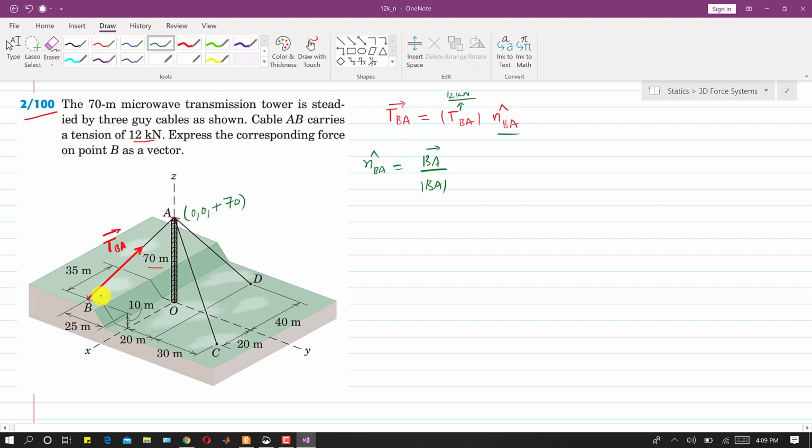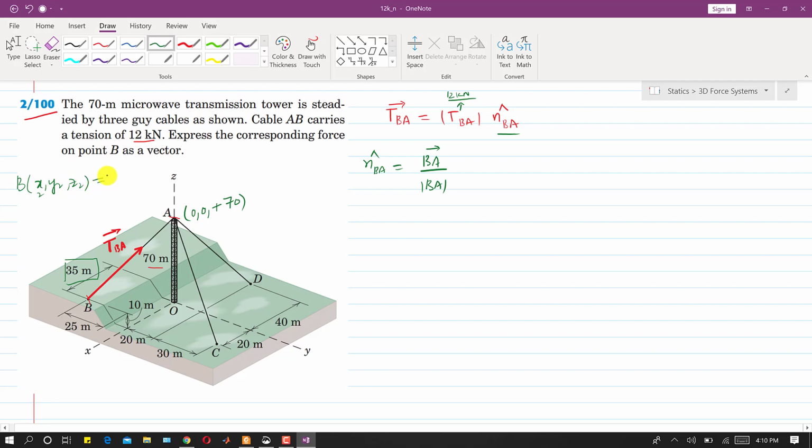And similarly to reach this point B we need to travel 35 meters in the x direction. So I will write the coordinates of B. Let's suppose that the B coordinates are x2, y2 and z2, right?